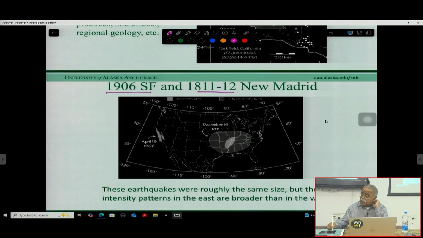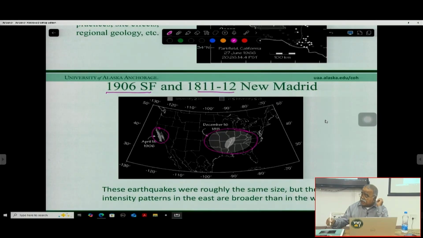But you can see the felt region of the New Madrid earthquake was much bigger, because it is located in relatively hard rock, whereas outside of this it is very soft sediment, which attenuates very fast.